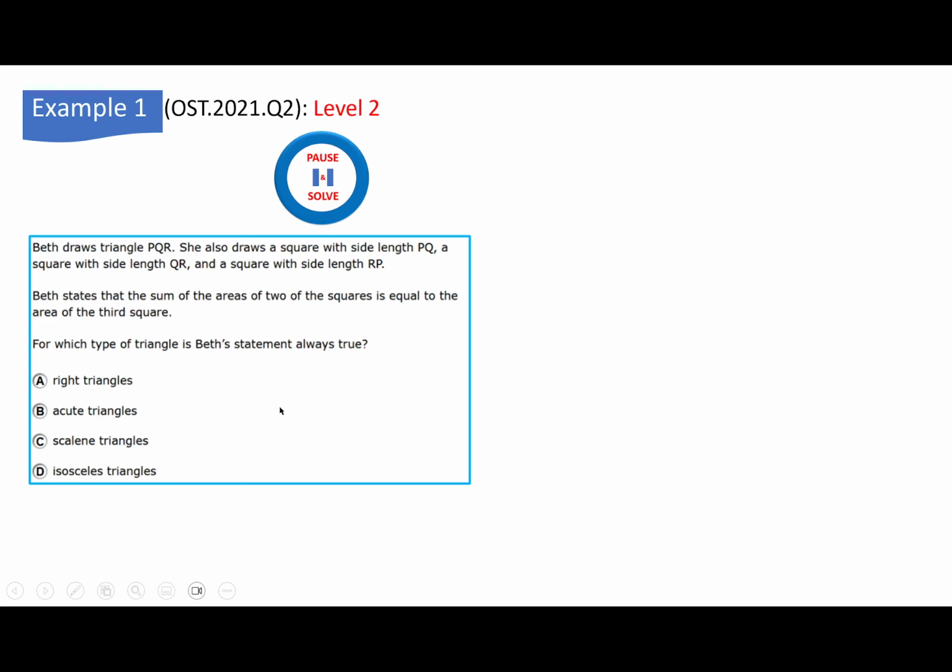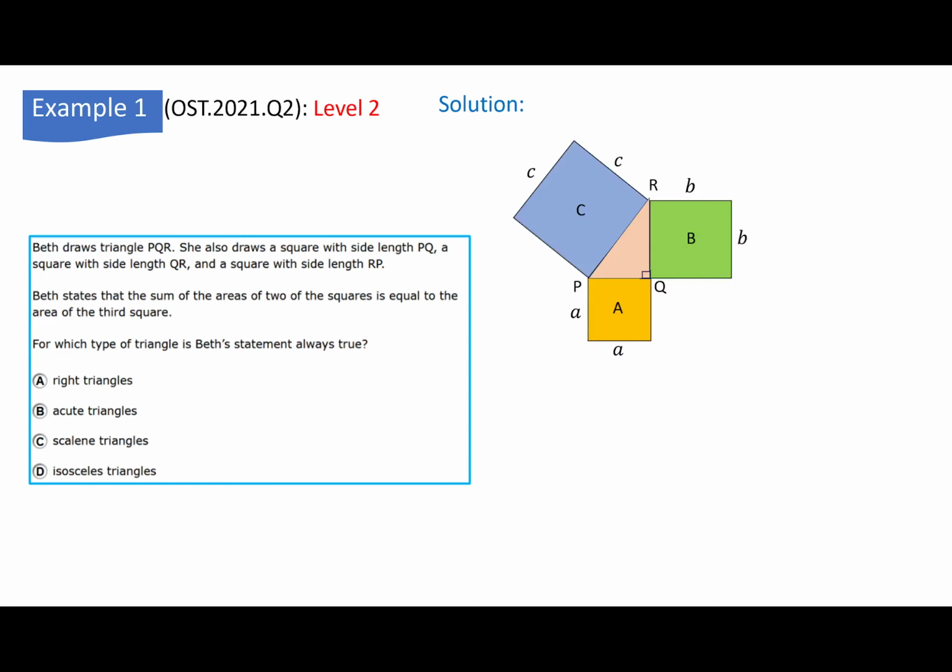If you watch the video about the Pythagorean Theorem, you will find out that I started it with something like this. This is your right angle triangle, PQR. This is PR, that's the square she drew, and that is QR, that's another square, and then she drew this square.